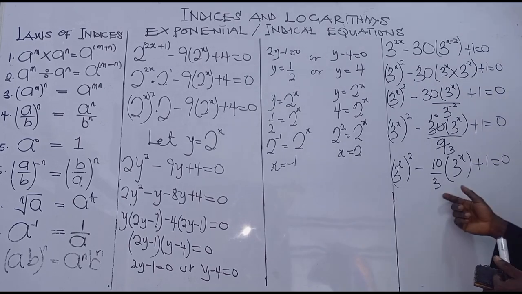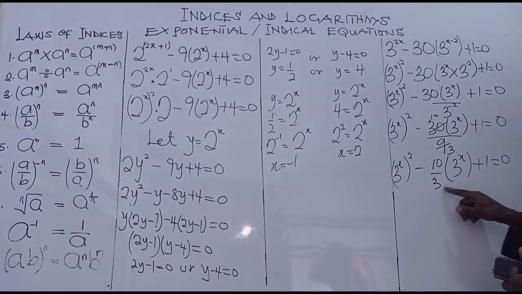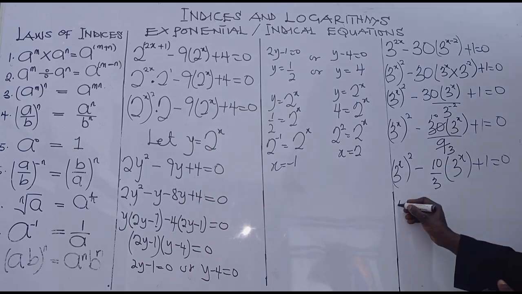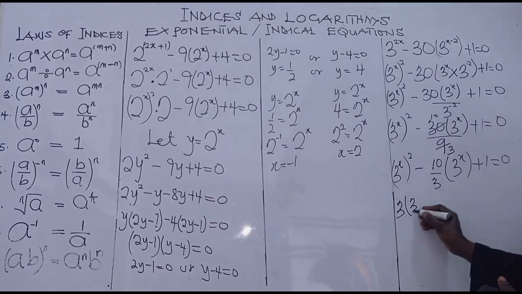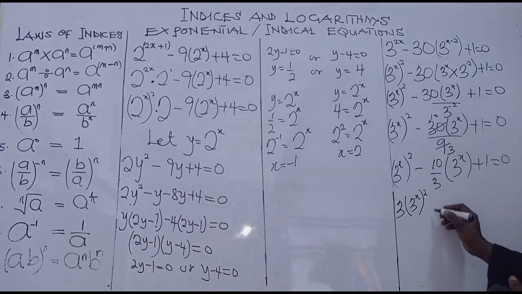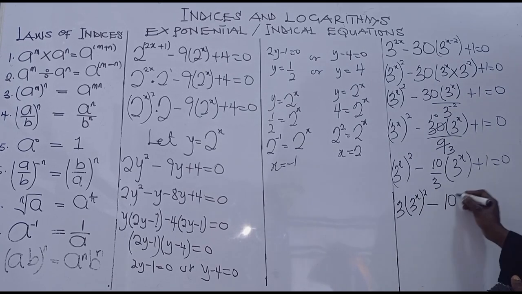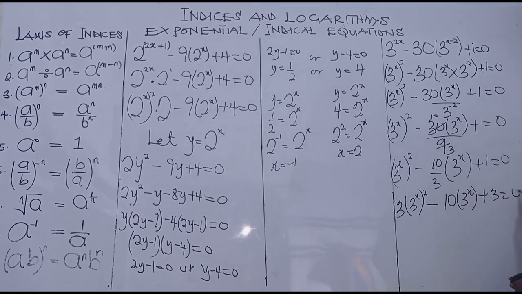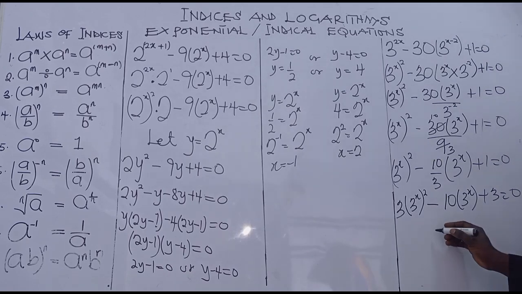Now we don't want to have any fractions again, so let's multiply through by the denominator of this very fraction. So we shall have 3 multiplying (3^x)^2, and then we have 10 times 3^x, plus 3, and this gives us 0. Now let's introduce a new variable.